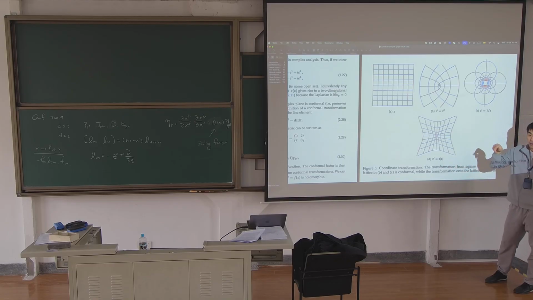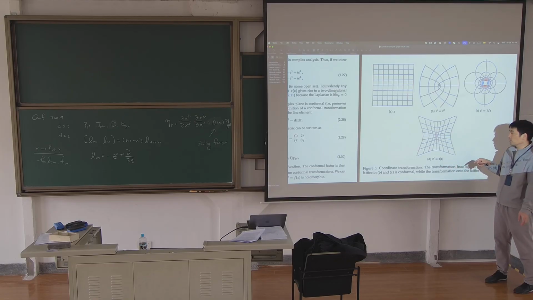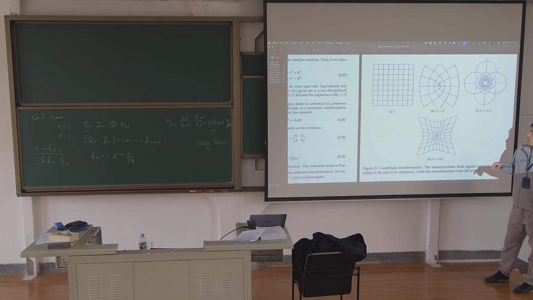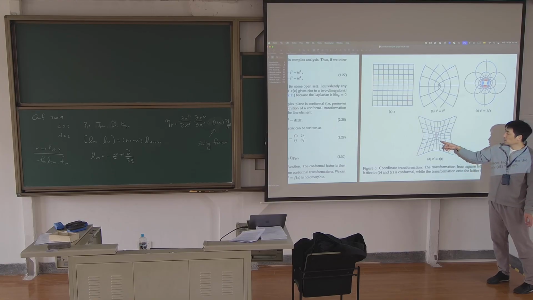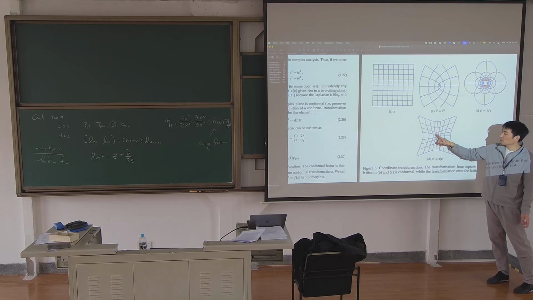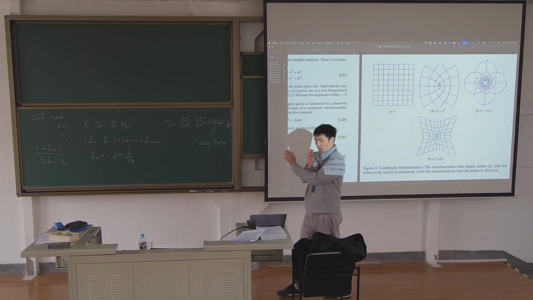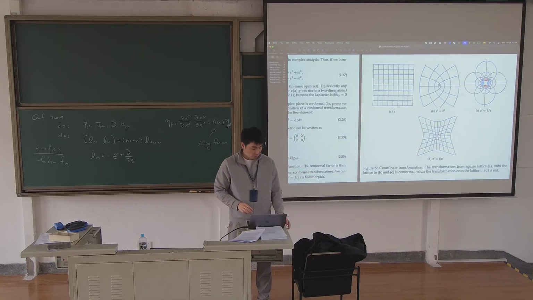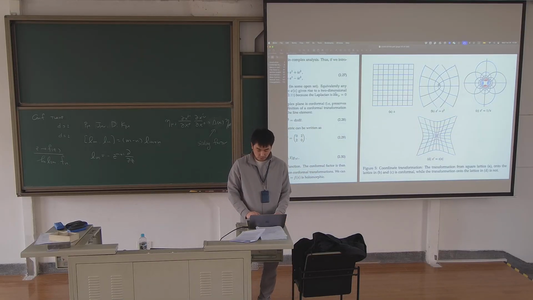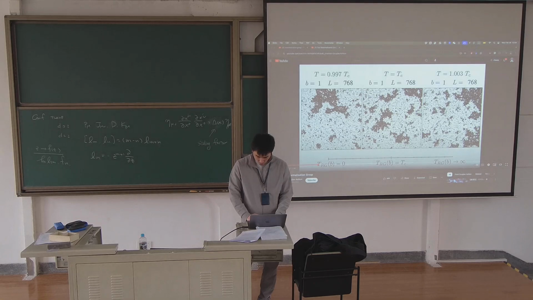So as you can easily see from around here, it doesn't preserve angle. It doesn't intersect transversely, orthogonally. So that's the transformation for 2 dimensions.